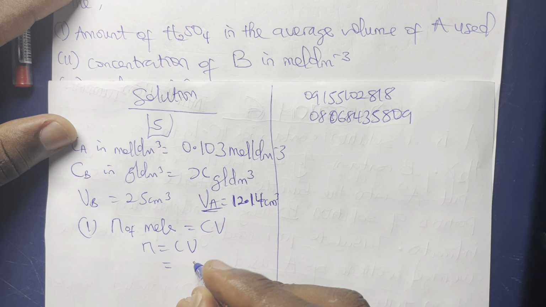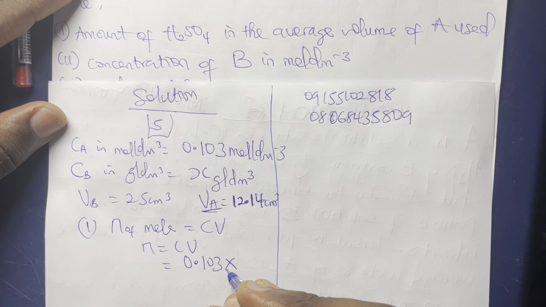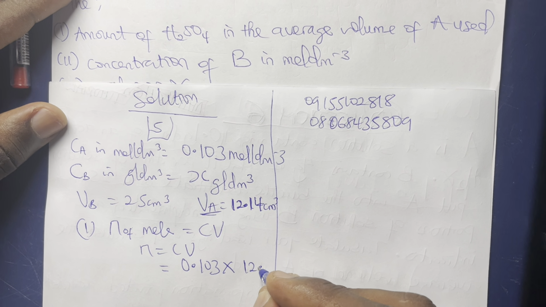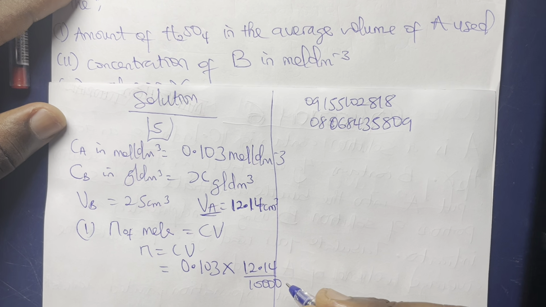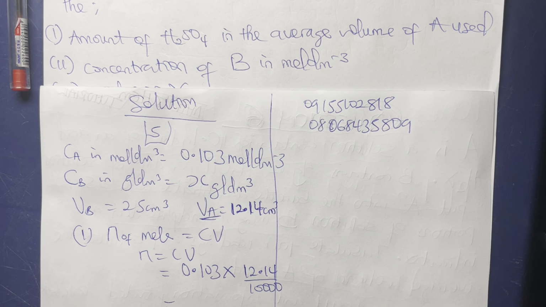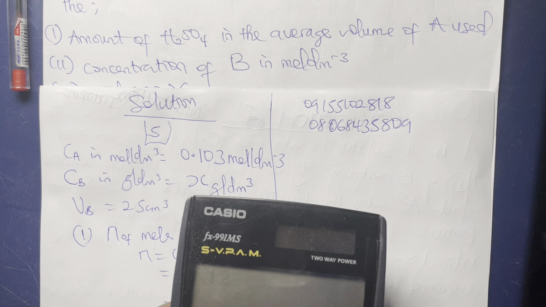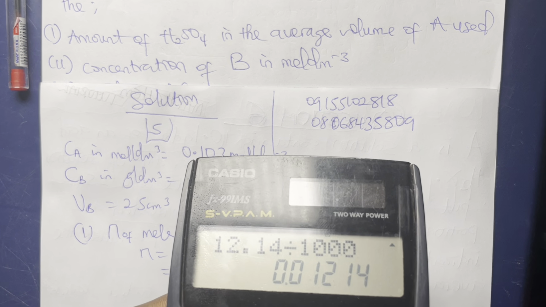So what is the concentration of A? That's 0.103. And the volume is 12.14, but convert it to dm cube by dividing by 1000.